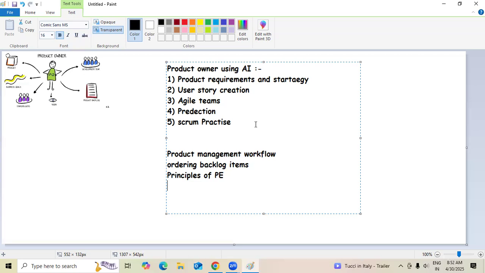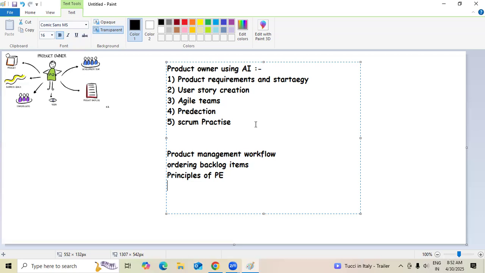Because when we do sprint planning, there are two ways. When we implement user stories, we use story points, which can be 1, 2, 3, 5, and so on, based on the business value, complexity, and uncertainty of the particular user story. You already know that: the poker technique and t-shirt sizing, which we have already used.